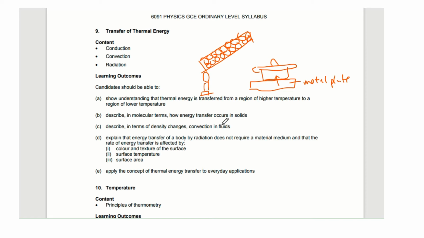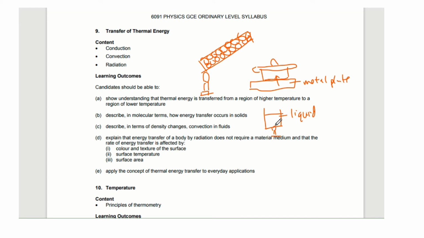For example, I have a liquid here, and I am going to heat it up here. When I heat this portion up, by conduction the energy is transferred from the flame to the surface of the beaker and then to the liquid.